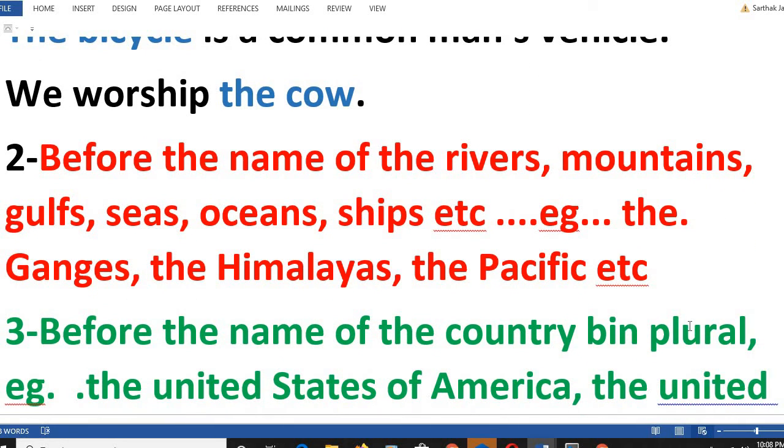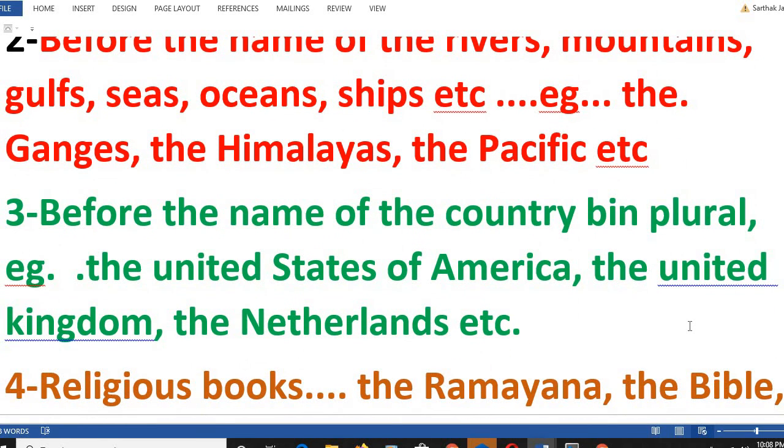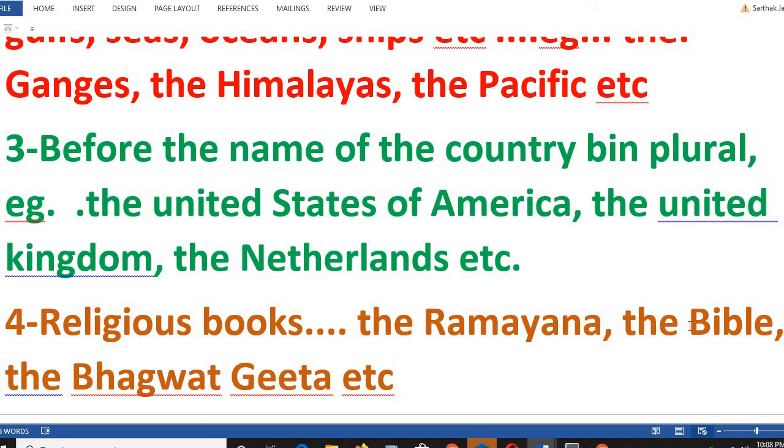Second point, before the names of the rivers, mountains, gulfs, seas, oceans and ships. This you will have to remember, like the Ganges, the Himalaya, the Pacific. Third is before the names of countries in plural.